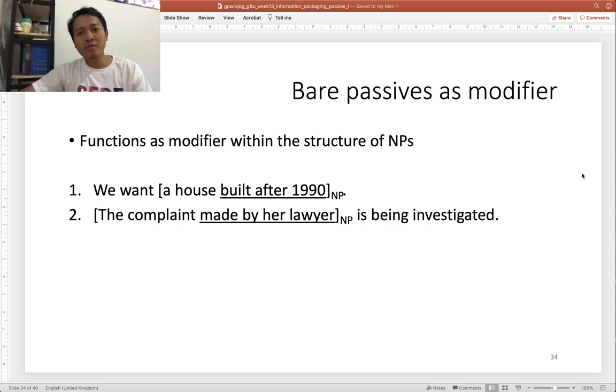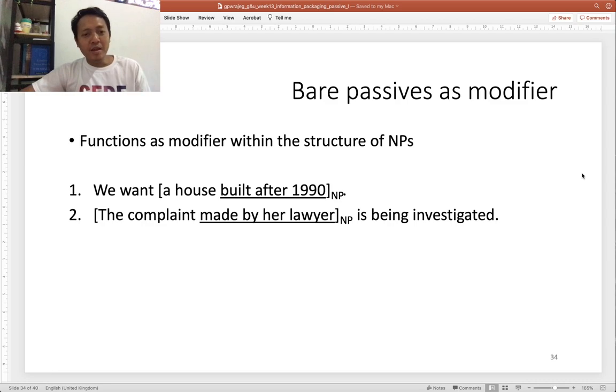Bare passive as modifier has to do with its use in a noun phrase related to a relative clause, such as we want a house built after 1990. You can express this using a relative clause: we want a house which was built after 1990.